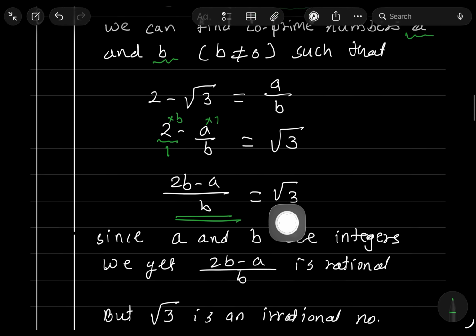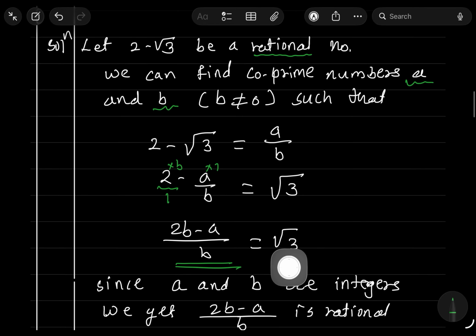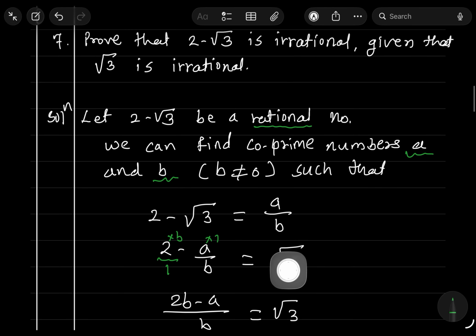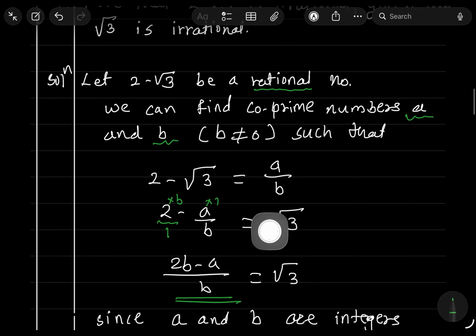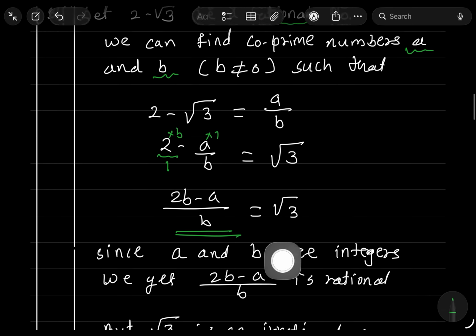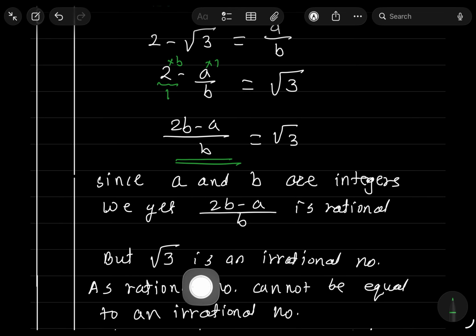Because at the start we considered that 2 minus root 3 is a rational number. Though root 3 is an irrational number, 2b minus a upon b is a rational number. Why? Because it is written in the a upon b form, so it is a rational number.